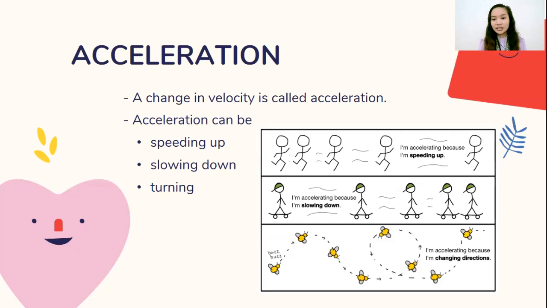Here you can see photos you can refer to. You're accelerating because you're speeding up, and you can also consider acceleration if you're slowing down, and you can still accelerate if you are changing directions.